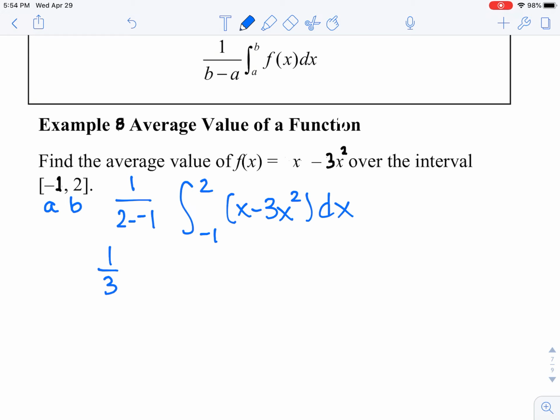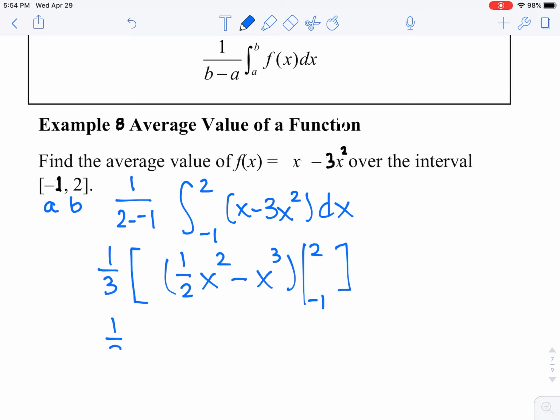So x squared, I think I'm just going to go ahead and do this. It's going to be 1/2 x squared minus x to the third from -1 to 2.